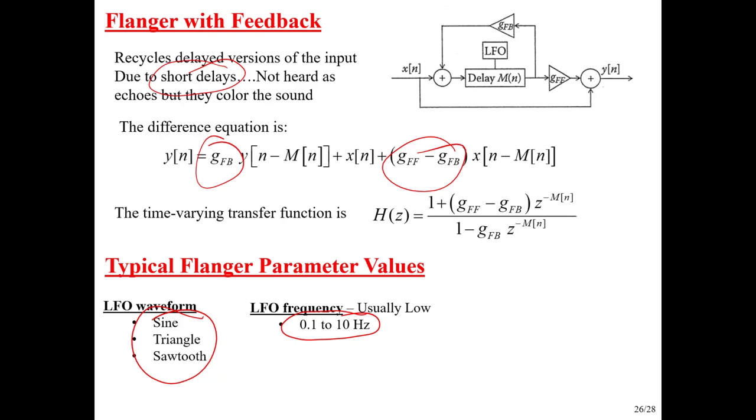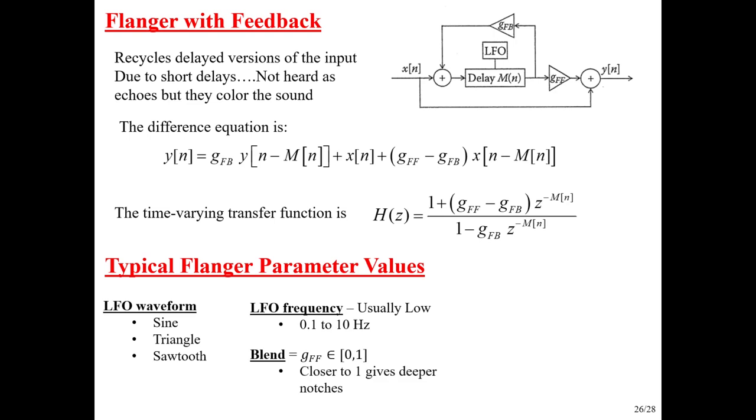It's just trying to sweep those nulls. So we can set it really low, and you'll hear those nulls sweep through the sound. So like I said, listen to the song Barracuda, and you'll hear that's a pretty low LFO frequency.